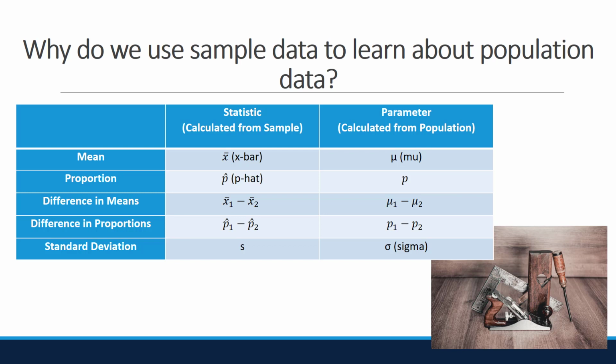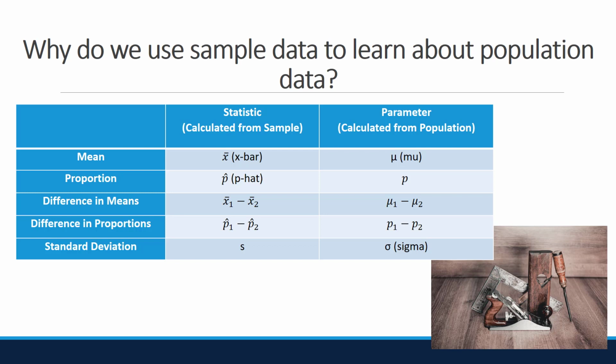Previously, we already saw notation for different types of statistics and parameters. Values calculated from sample data are statistics, and values calculated from population data are parameters. We can summarize the information in a table. Looking across the rows, we notice that each statistic has a corresponding parameter and vice versa.